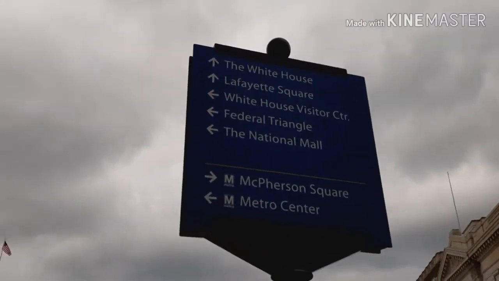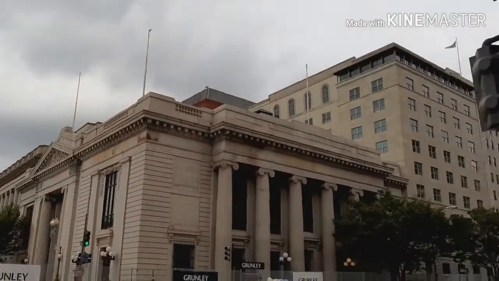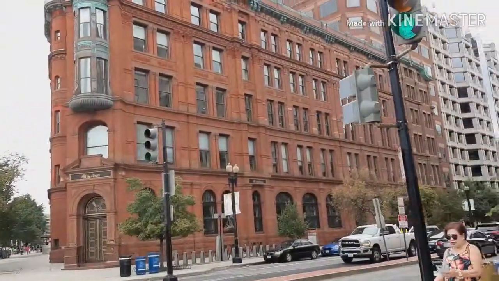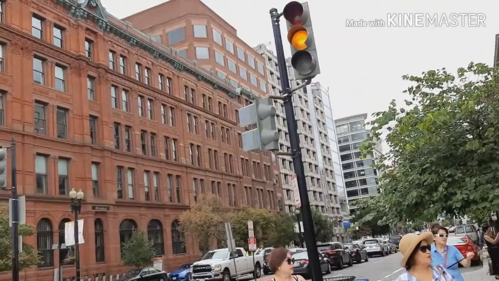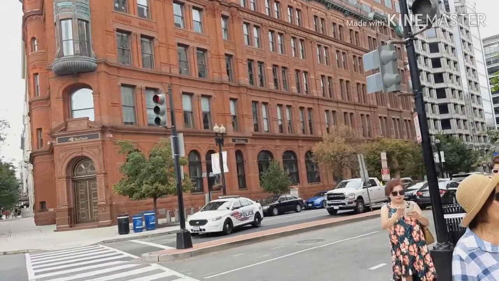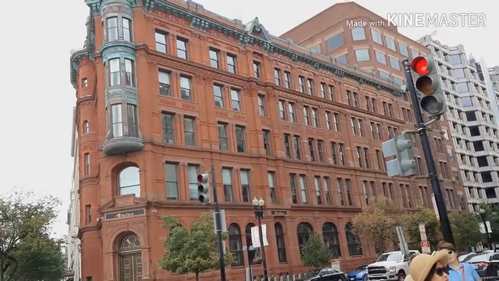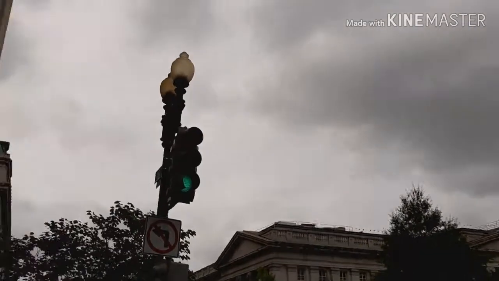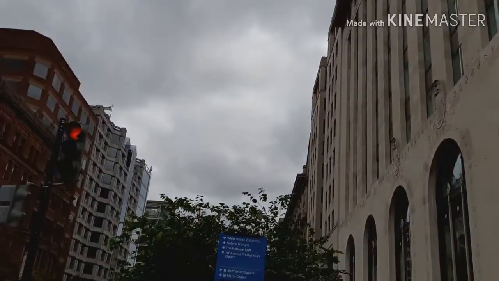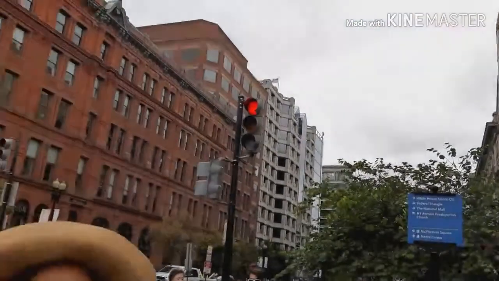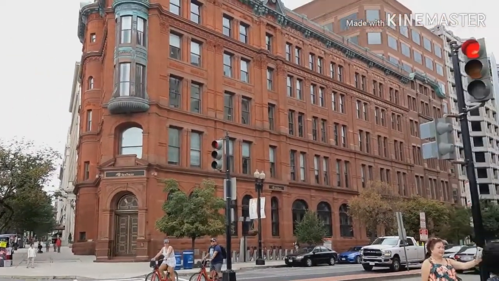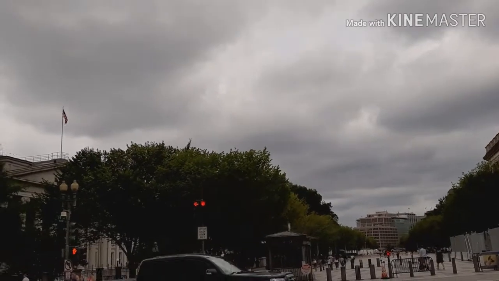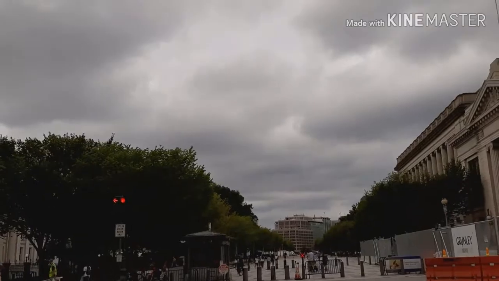Yeah, let's go to this White House. Dami mo ng picture. Na fully full. Huwag kang mamawala, ha?